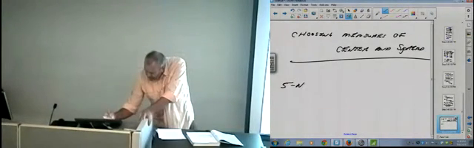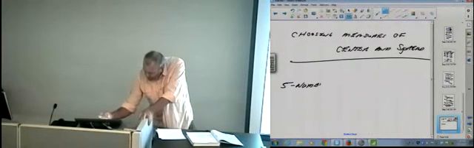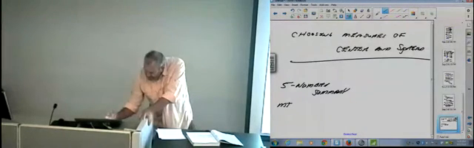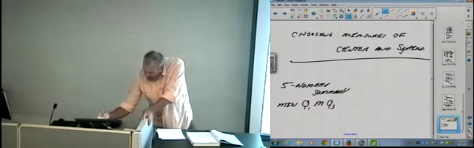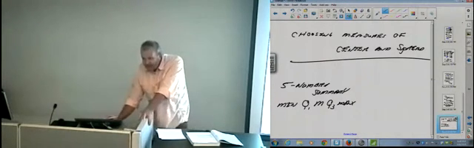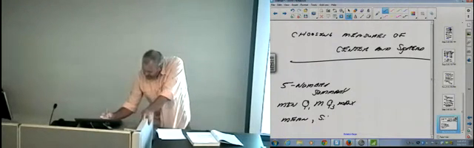You've got the 5-number summary. Remember, that's the minimum, first quartile, median, third quartile, maximum. Or you have the mean and standard deviation, which is your x bar and your s.